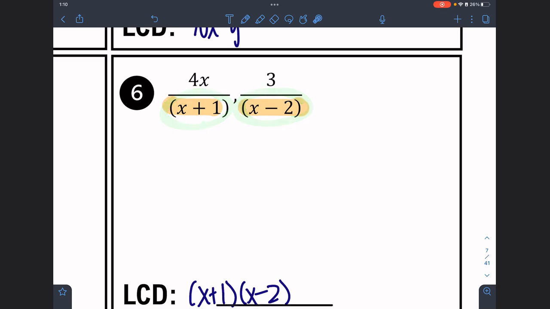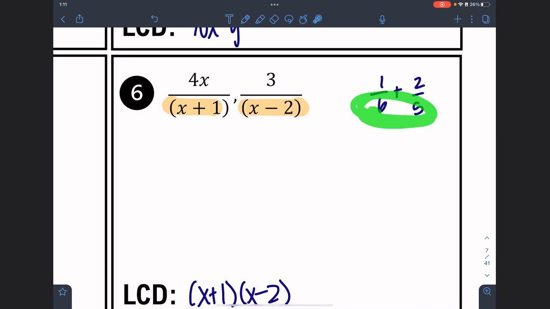I also like to think about it, looking at this fraction, and looking at this fraction, I want them to be the same. So this one already has an x plus 1. I can multiply this by x minus 2, and then I can multiply this one by x plus 1. It's very similar to the idea of your fraction 1/6 plus 2/5. If these don't have anything in common, right?